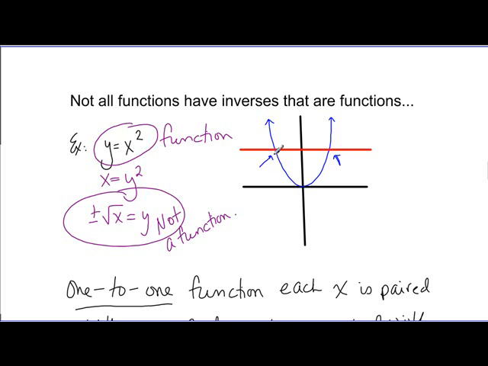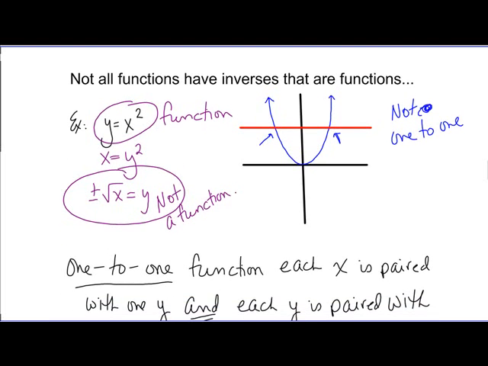So this function is not one-to-one. If you put a horizontal line on your graph and there is no way that that line touches the curve more than once, then you have something that is one-to-one.